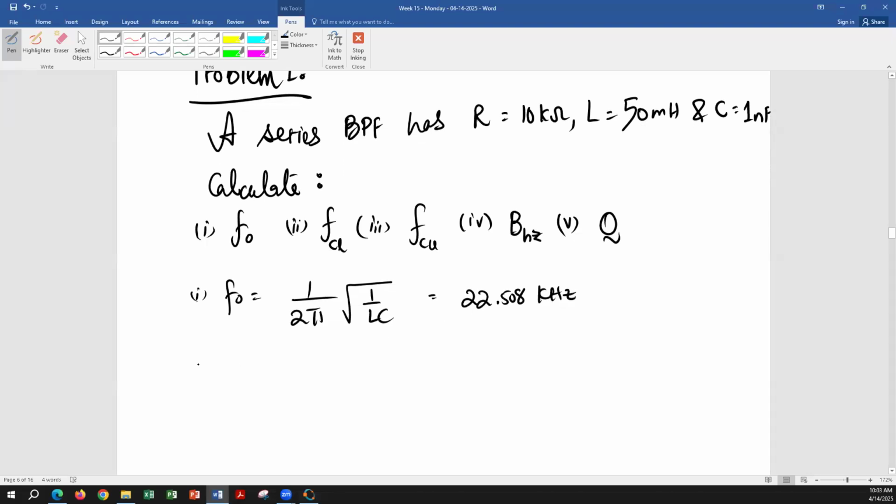Lower and upper cutoff frequencies. Lower cutoff frequency, once again, 1 over 2 pi, because we have the omega C lower and omega C upper equations.